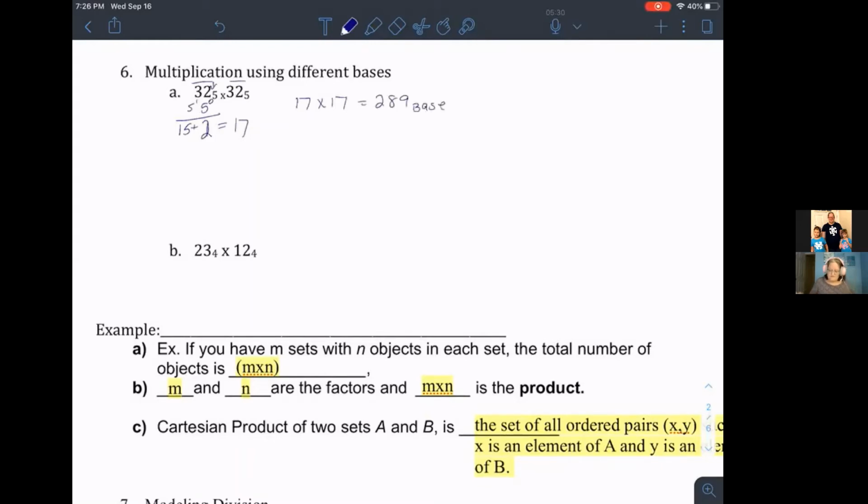So to find the answer, we have to reduce it back to base 5. So we're going to find the values of the places. So we have 5 to the first is 5. 5 to the second is equal to 25.